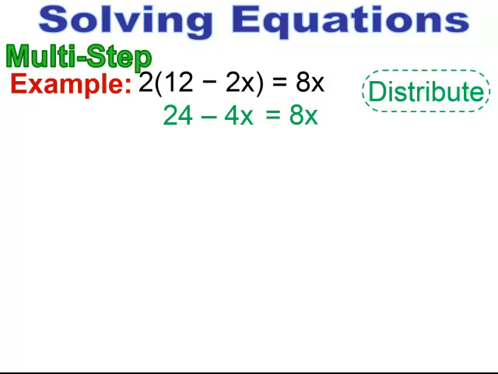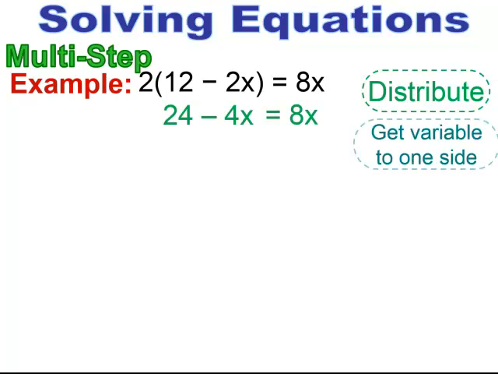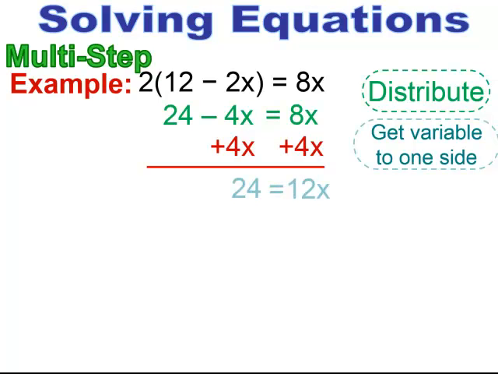Or if you know, you put 0. But I always move to the side that the variable's already by itself. So I would take that 4x and move it over to the 8x. I would add 4x to the 8x, and I would get 24 equals 12x, and now it's a one step. I divide through by 12, and I get my solution, x equals 2.